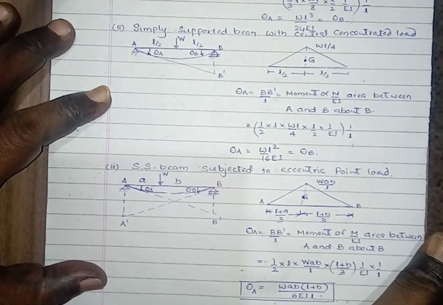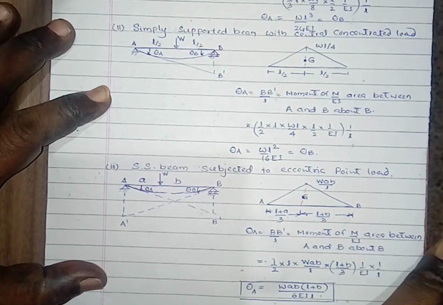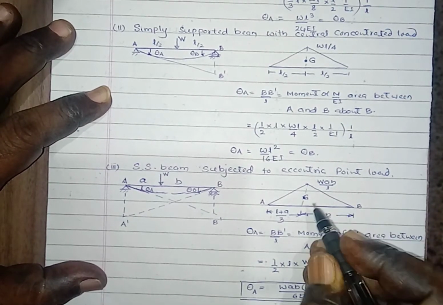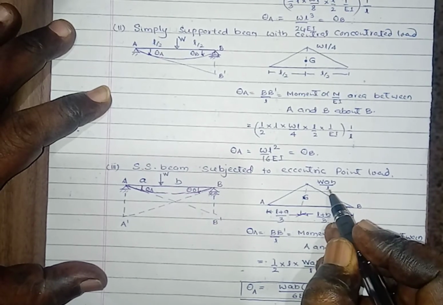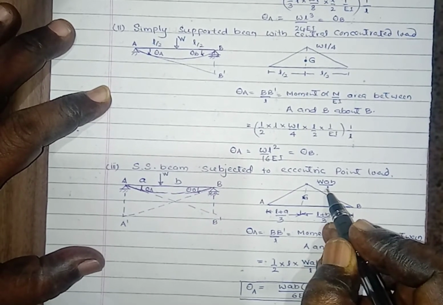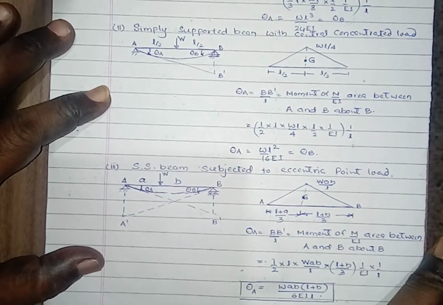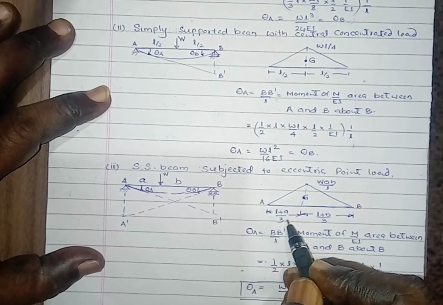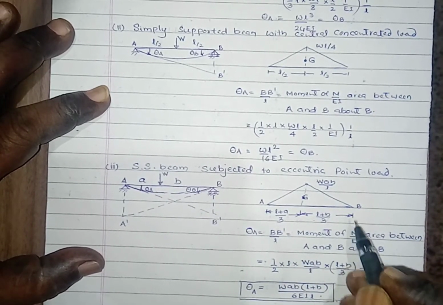BB dash is given by the moment of M by EI diagram, area between A and B about B. That is given by the bending moment diagram, that is, maximum bending moment is W into a into b by L, which occurs below the point load. The centroidal distance from A is L plus a by 3. Similarly from the other end, that is L plus b by 3.